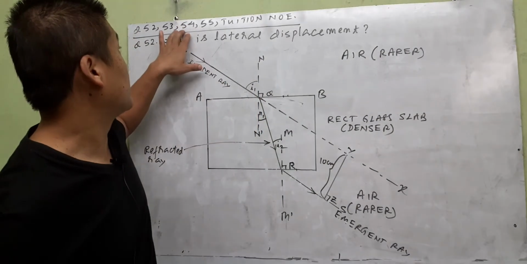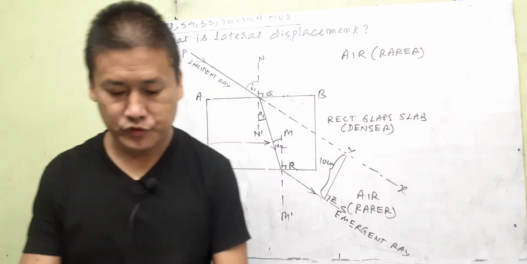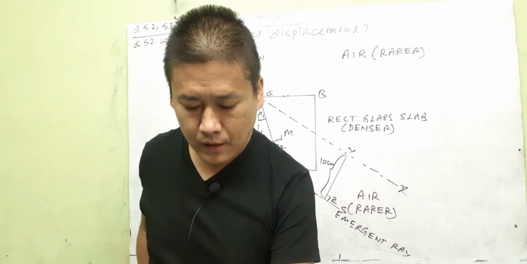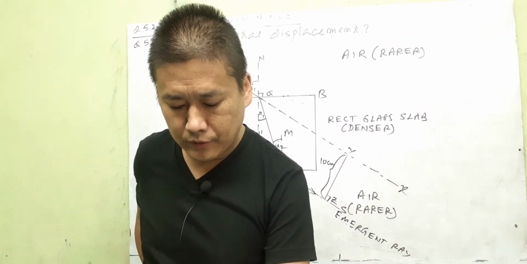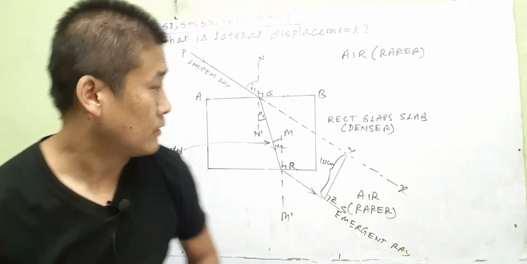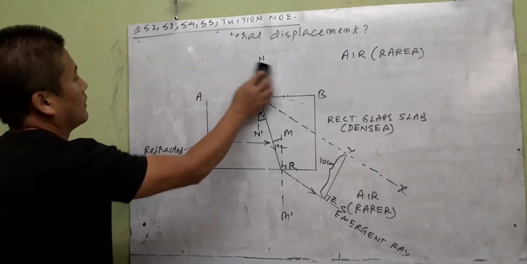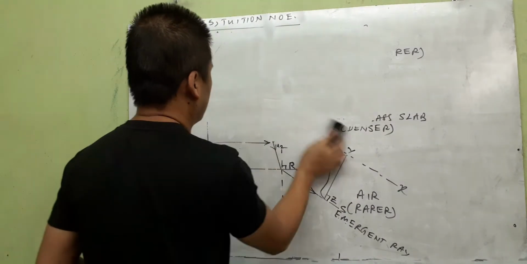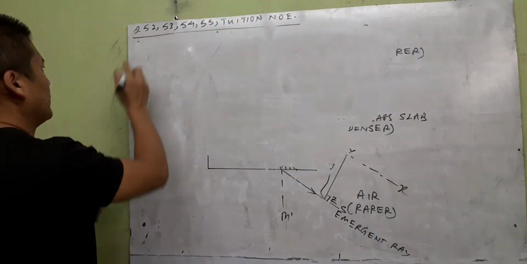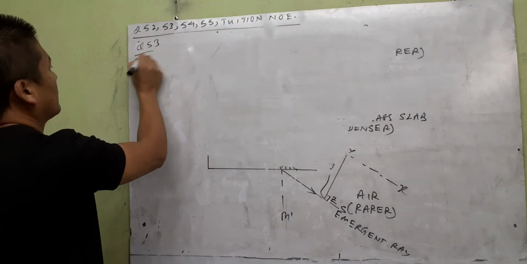The next questions are 53, 54, 55. We just have to read through. Look into your tuition note, page 106. Write down the question number on your tuition copy, practice copy, 53.